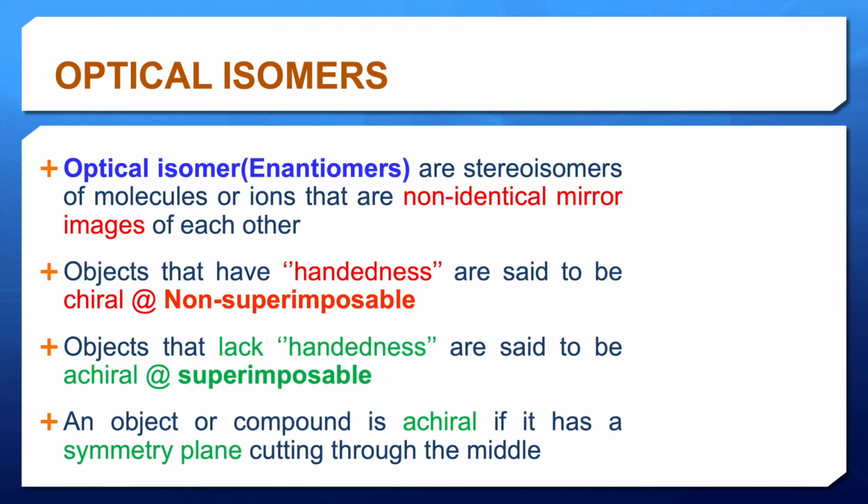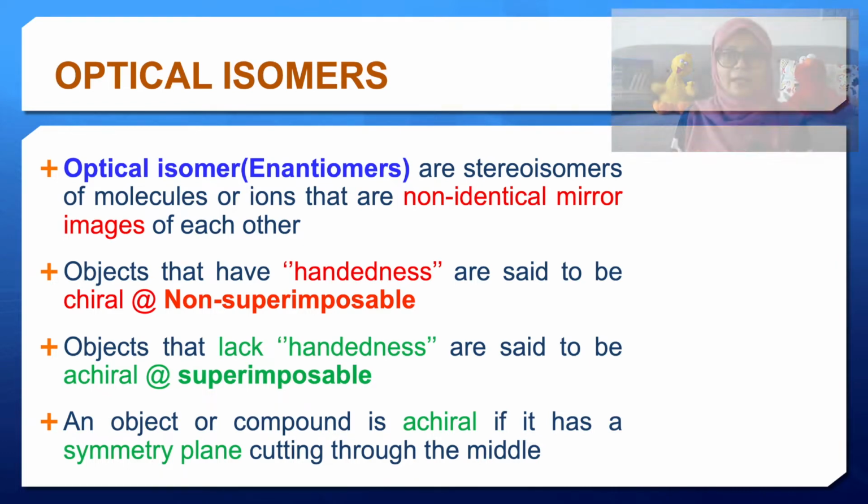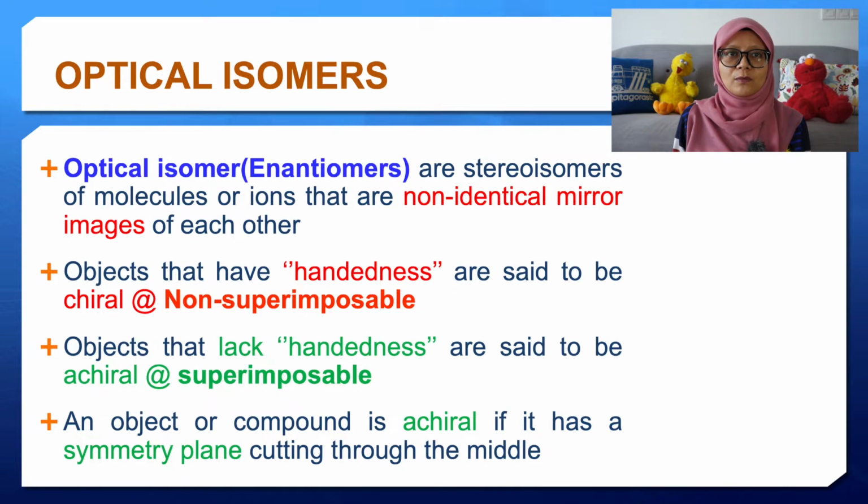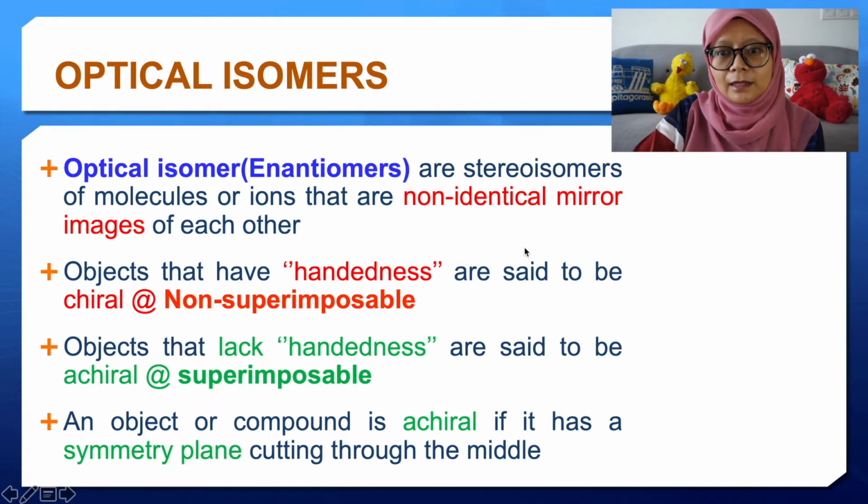In this part we will learn about the optical isomers, also known as enantiomers, which have non-superimposable mirror images. So what is an optical isomer or enantiomer? They are stereoisomers of molecules or ions that are non-identical mirror images of each other.